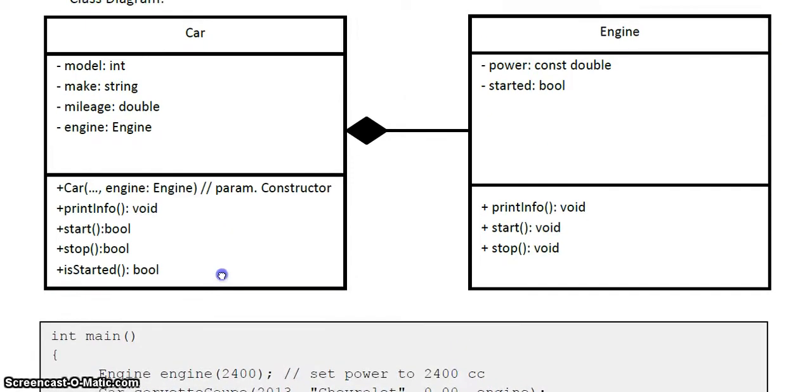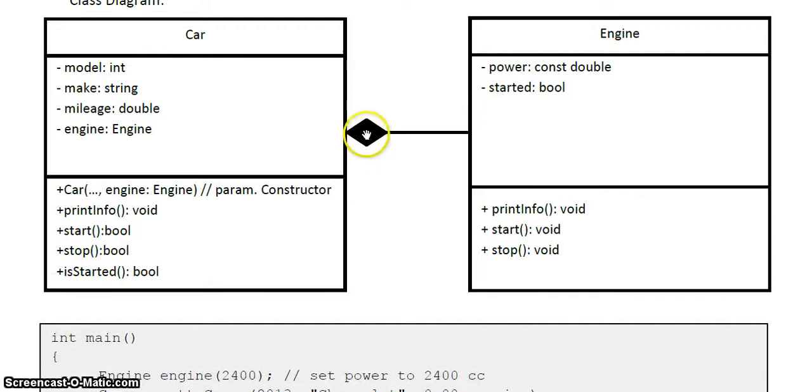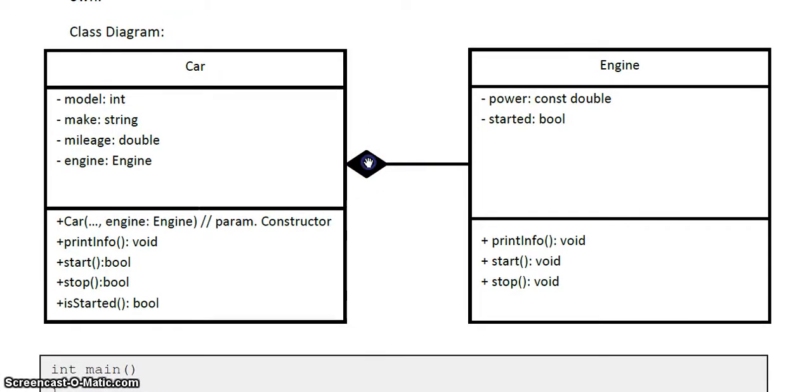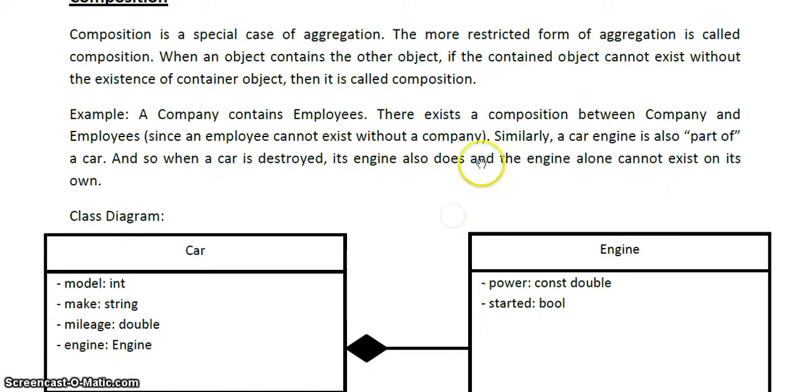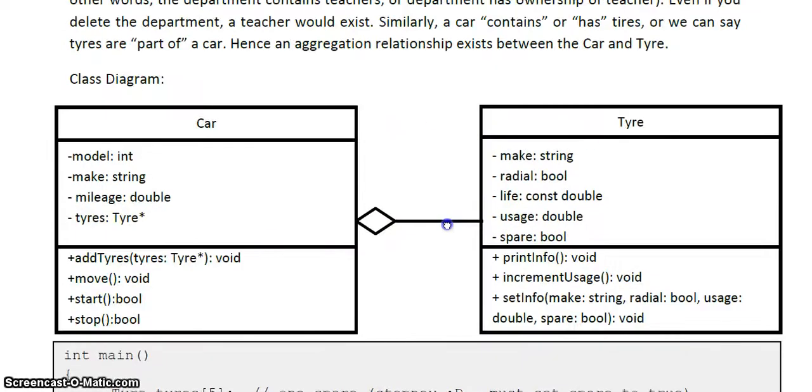Okay. So this is how we represent this in a class diagram, with this solid or black diamond. Let's look at aggregation. We missed that. Aggregation is basically a hollow diamond or a white diamond.